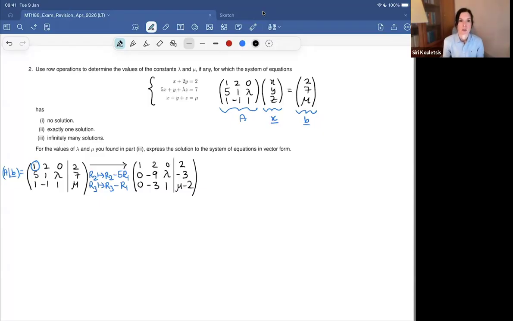And now I would like to create a leading 1 out of this -9 here. And so row 2 is going to go to row 2 multiplied by 1 over 9.